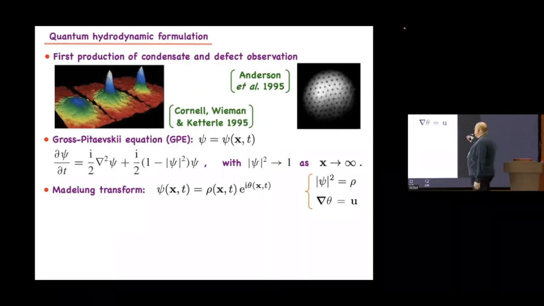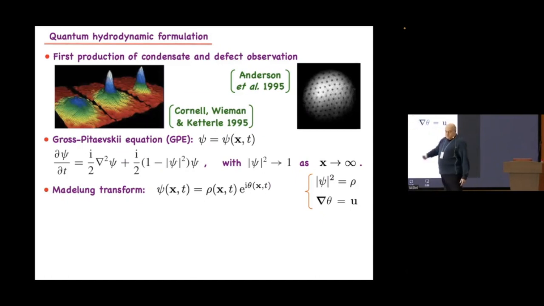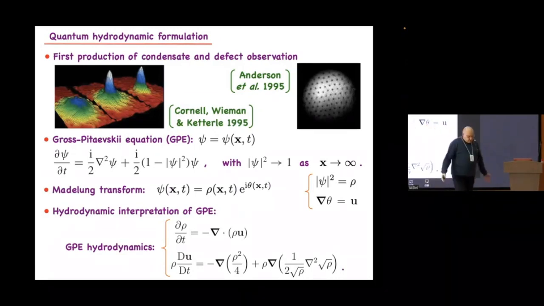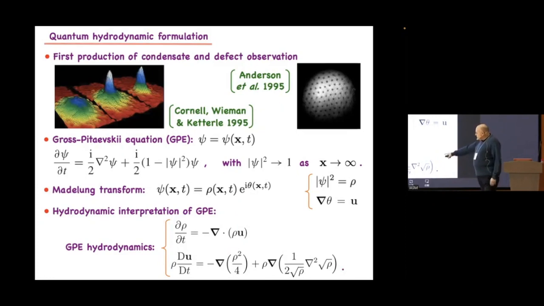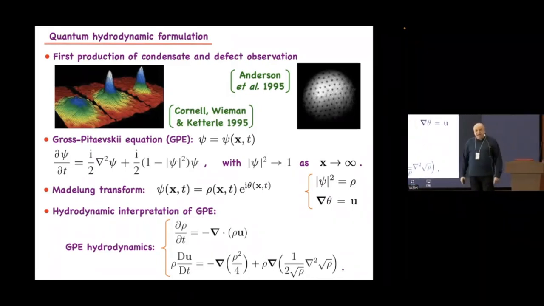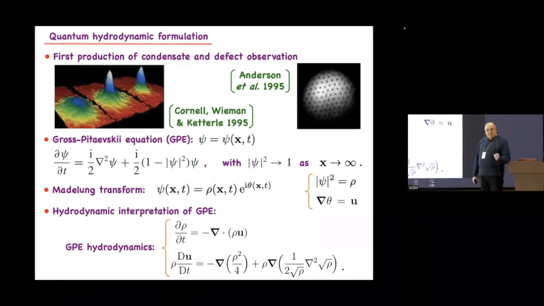And by applying this transformation to the Gross-Pitaevskii equation, you find two equations, and you can interpret this wave equation hydrodynamically. One equation is just the standard continuity equation that we know very well. The other equation, if you look carefully, resembles in form the Navier-Stokes equation. Of course, we do not have pressure. We have a pressure term replaced by this density, and we do not have gradients of the velocity.